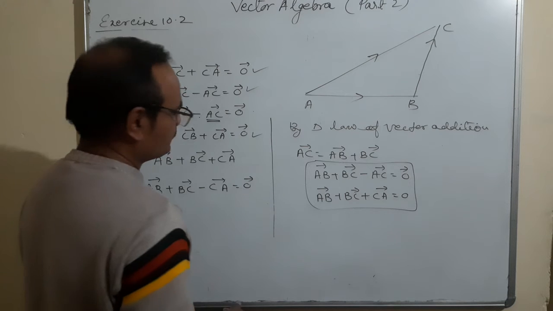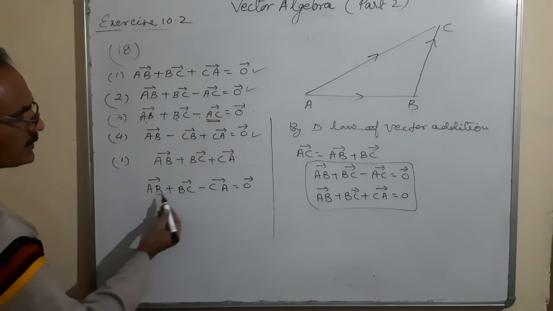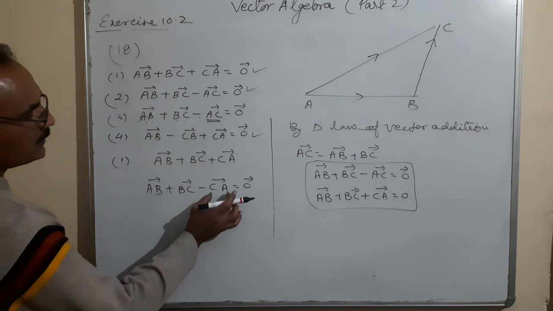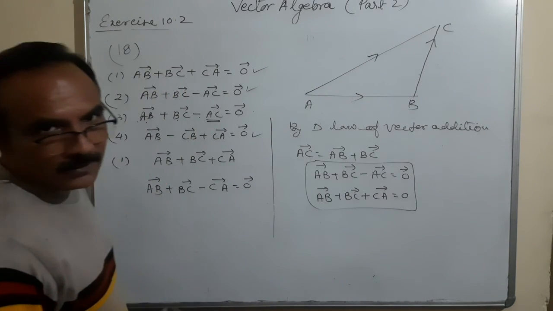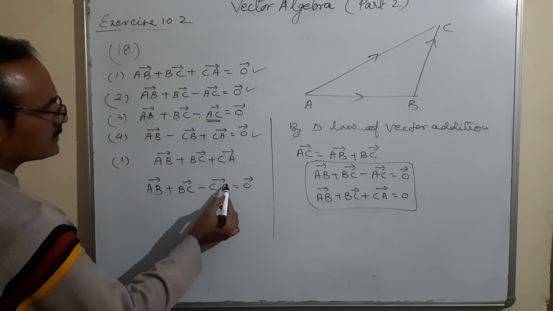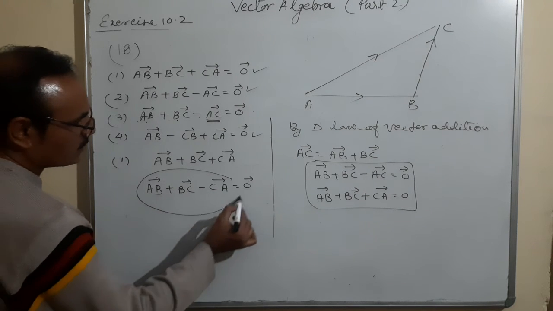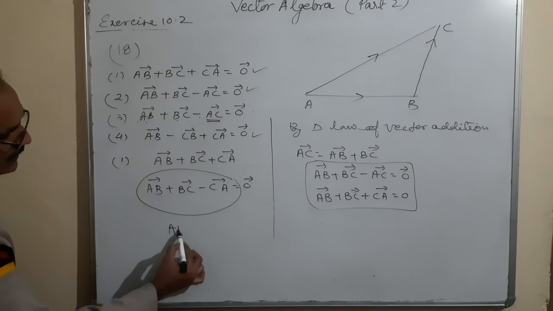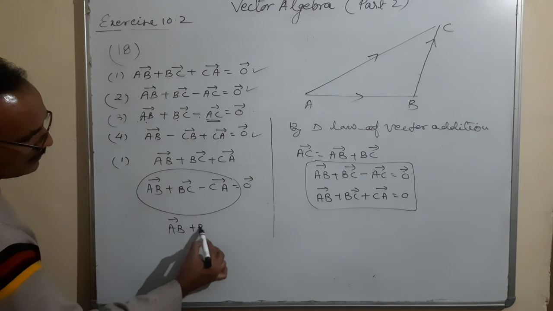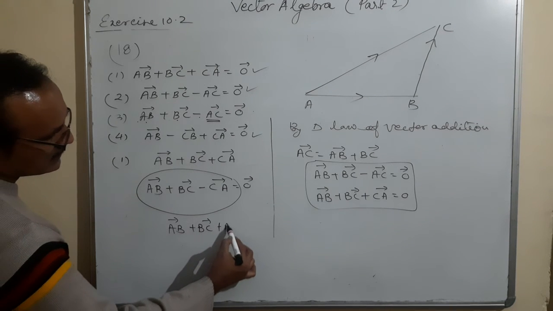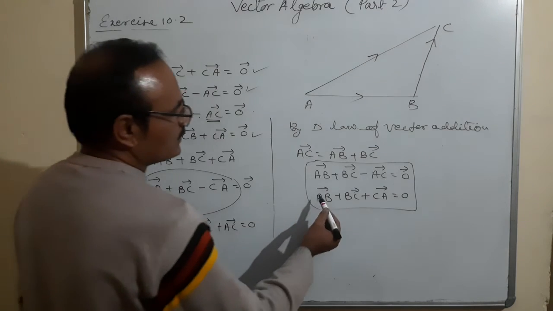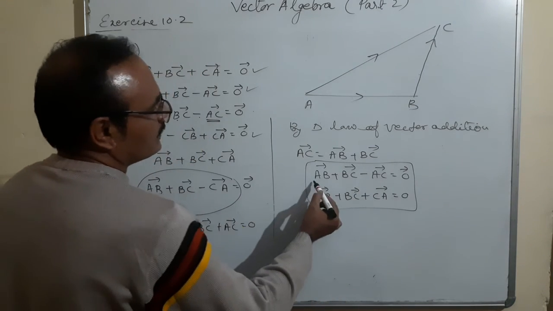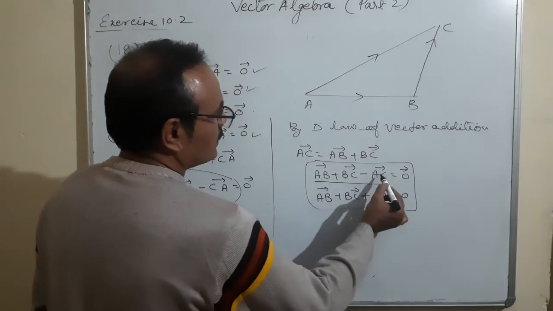These two terms are the same. What does it mean? If we want to prove that this is also equal, minus CA would have to be equal to minus AB. That term is not correct, because it will come AB plus BC plus AC, whereas here it is AB plus BC minus AC.